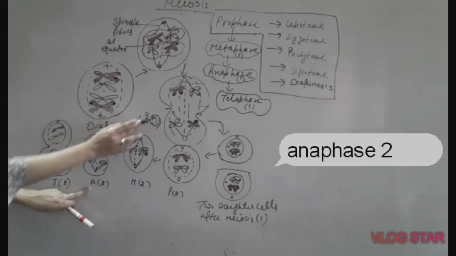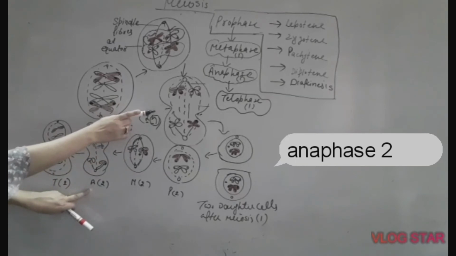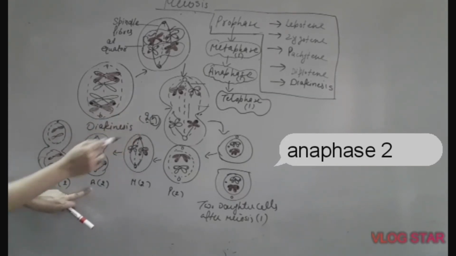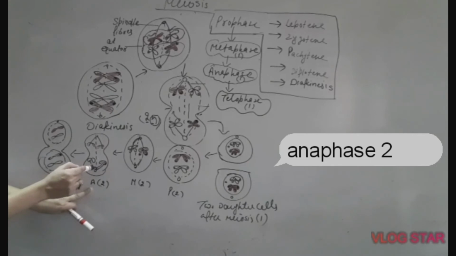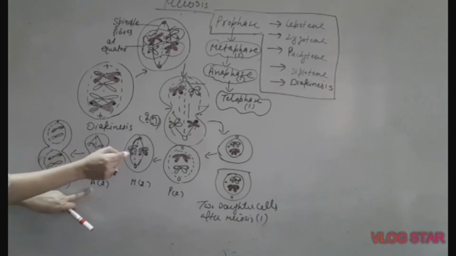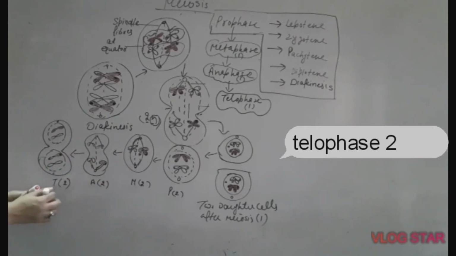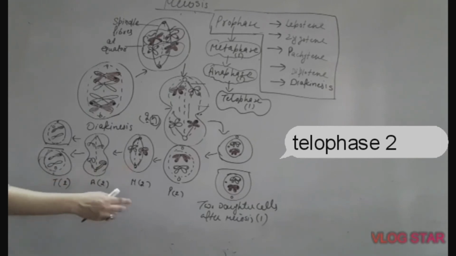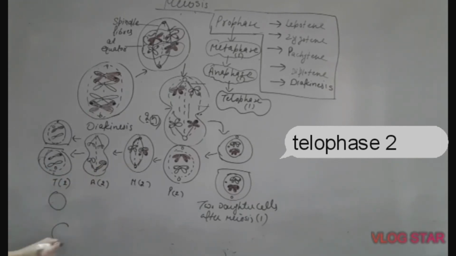Then finally the cell enters telophase, and the nuclear membrane begins to reappear, the nucleolus begins to reappear, and the centrioles get converted to centrosome, and finally it forms two daughter cells. So these two daughter cells are from one cell, and two similarly will be formed from the other cell.